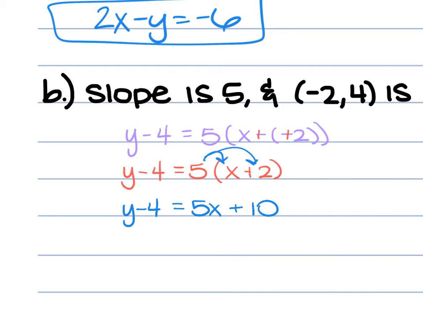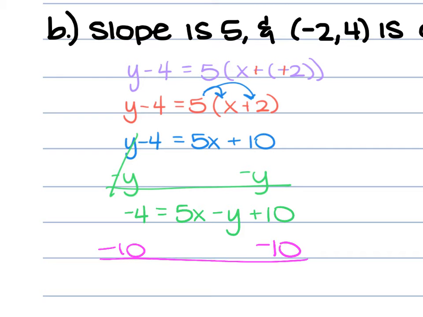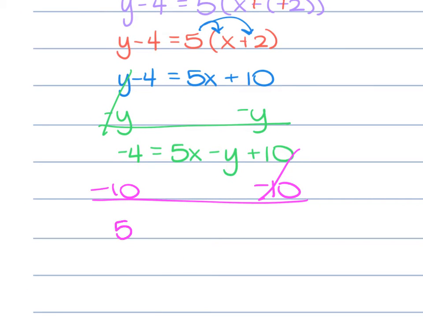We are going to move the y over so that the 5x is with the y. We'll subtract y from each side. We're going to have negative 4 is equal to 5x minus y plus 10. Then we're going to move the 10 over by subtracting it. So we have 5x minus y is equal to negative 14.